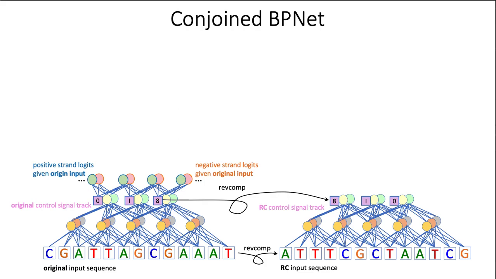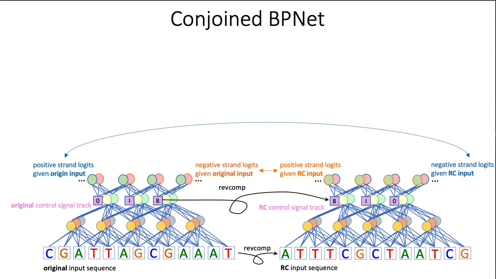After the control track is concatenated, we can continue with the model until we get the predicted logits. Here we have to note a subtlety. The predicted logits for the positive strand given the reverse complement inputs actually correspond to the predicted logits for the negative strand given the original inputs, while the predicted logits for the negative strand given the reverse complement inputs correspond to the predicted logits for the positive strand given the original inputs.